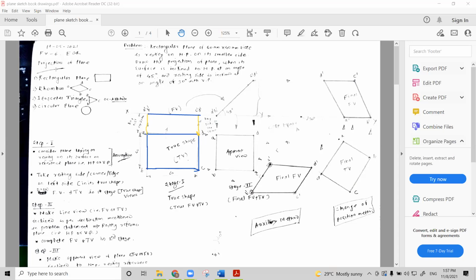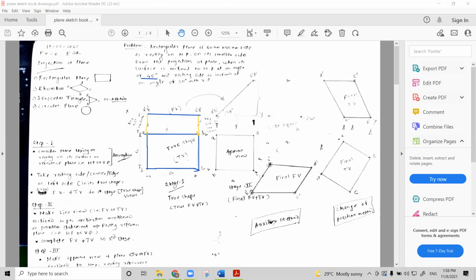As it is resting on HP, we complete the first stage with the assumption that the plane itself is lying with its surface on the horizontal plane, so that only then will we get the true shape. Then you will get the front view as a line view here. Next, you have to make the surface inclined at an angle of 45 degree as per the given statement, right?